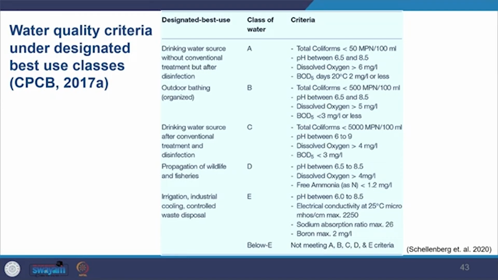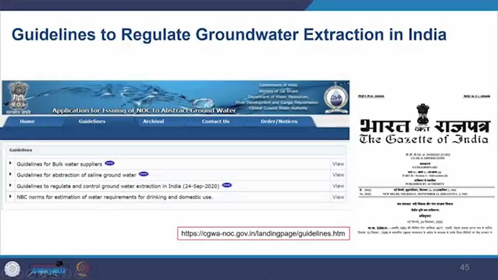cooling, controlled waste disposal. We also have central guidelines on groundwater use, prescribing penalties for extraction of water without permission and for other offences. The link is also provided to you, so you can see these guidelines available.